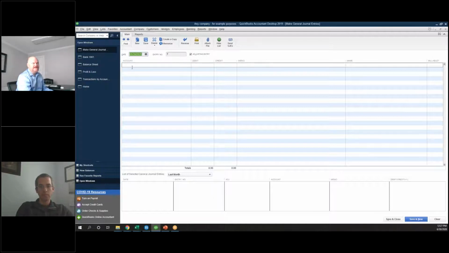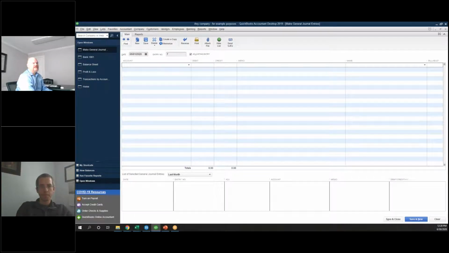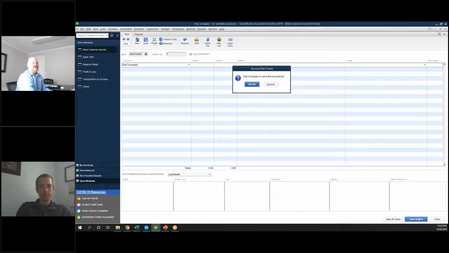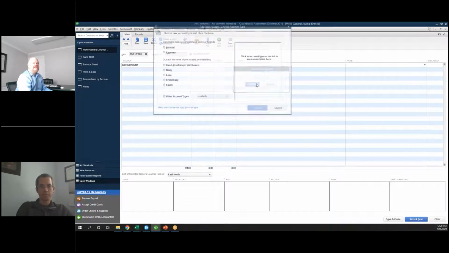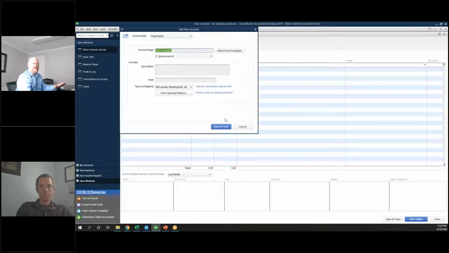So what I should have done is say, on June 1st of 2020, I bought a computer. Let's say I bought a Dell computer. That Dell computer is a fixed asset, so it's going to show up on my balance sheet.